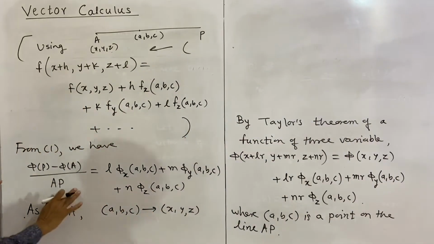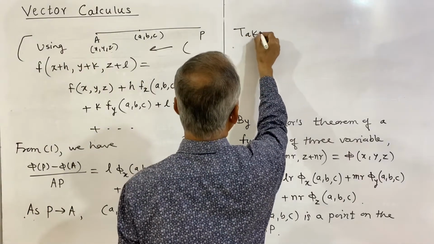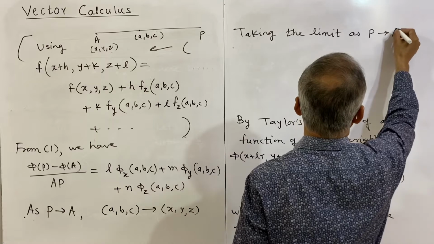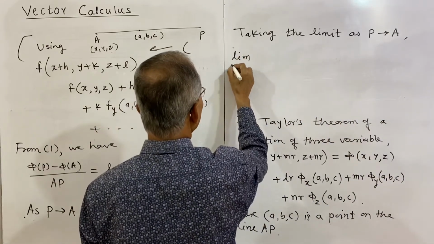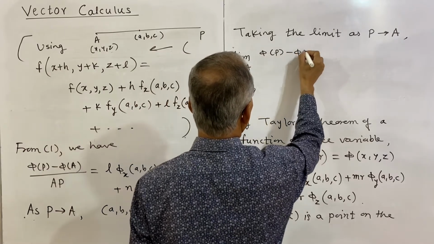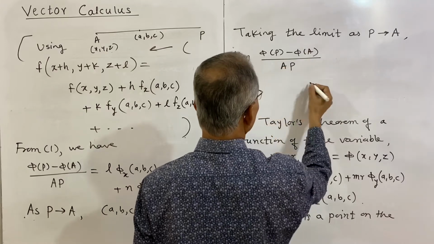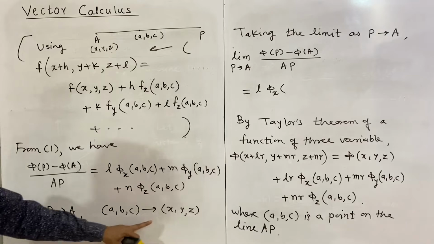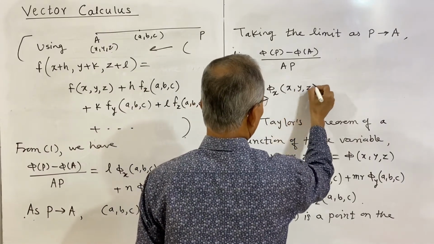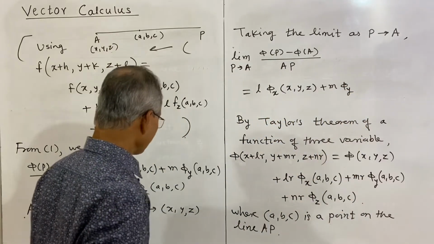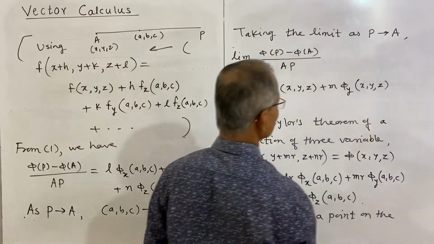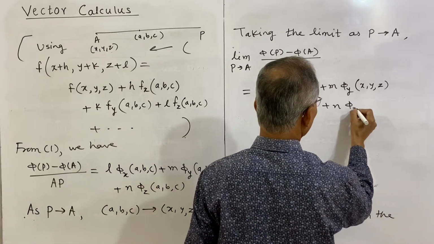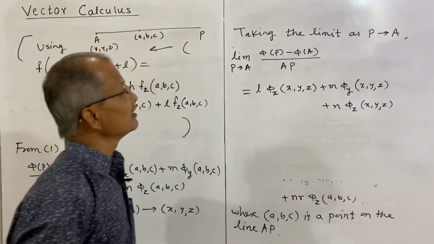So take the limit of this as P tends to A. Limit P tends to A of phi P minus phi A divided by AP is equal to l dou phi by dou x, where ABC now becomes x, y, z, plus m dou phi by dou y at x, y, z, plus n dou phi by dou z at x, y, z. Or in short, this is the directional derivative.